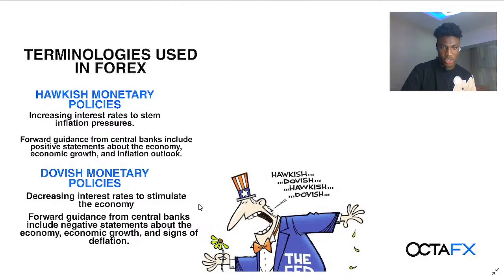So they reduce the interest rate to stimulate the economy, and reports of forward guidance from the central banks would include negative statements about the economy. As a trader, it doesn't really matter if the central bank is hawkish or dovish, you can still take advantage of whatever action the central bank decides to take with regards to how their economy is going. You can still take advantage of their decisions and profit, right?